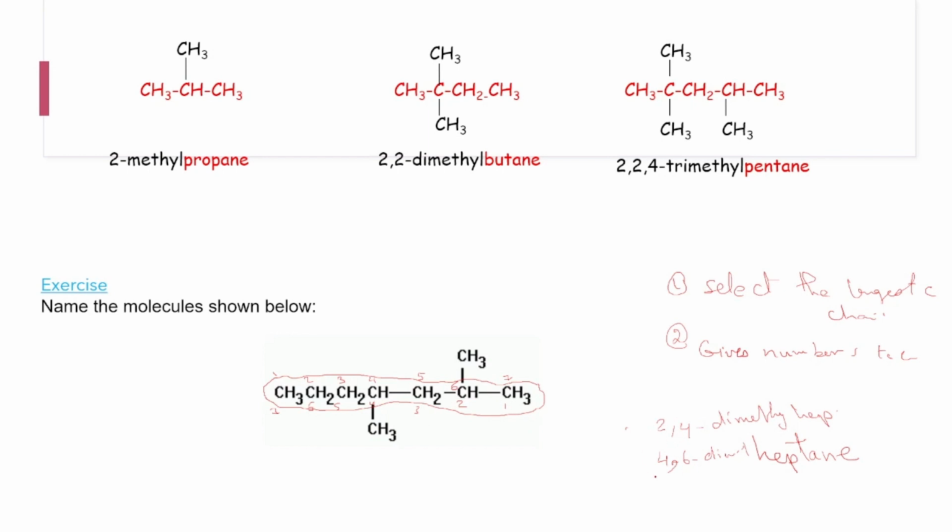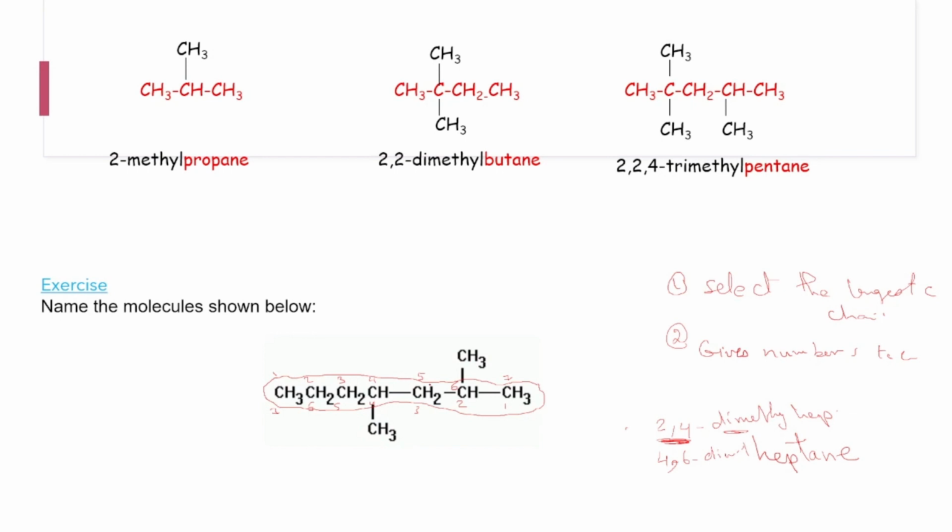This means this is correct, or matches the IUPAC rules better, because the substitutions have the least possible numbers. So I have to start numbering from the right hand side.